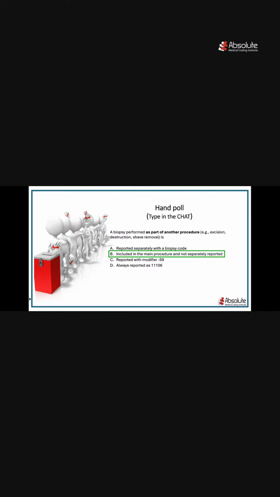So a biopsy must be performed independent and distinct from the other procedure performed at the same session. That's what the guidelines said, right? So you cannot code them if it is a part of another procedure. Okay, I can see one option B in the chat. I think that was an aha moment. So good one, good learning moment. And here we go. Next scenario.